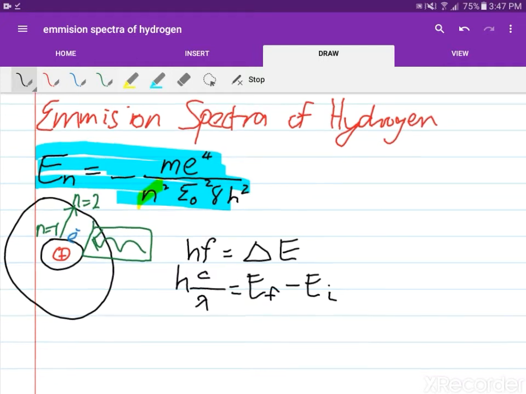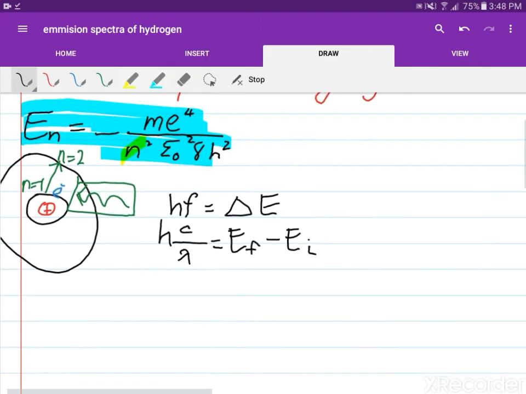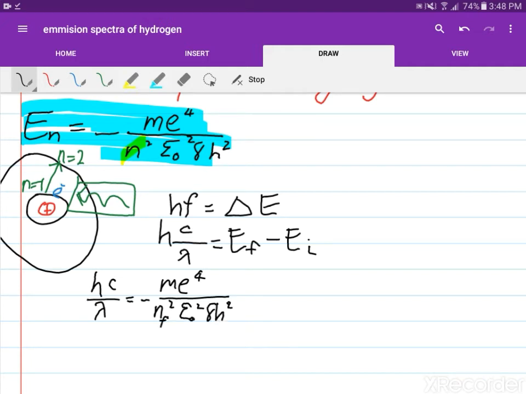Okay, so let's write this energy. So this will give us hc over lambda equals minus m e to the 4 over n final square epsilon naught square 8h square, and then minus the initial energy of the electron. This will be minus m e to the 4 over n initial square epsilon naught square 8h square.